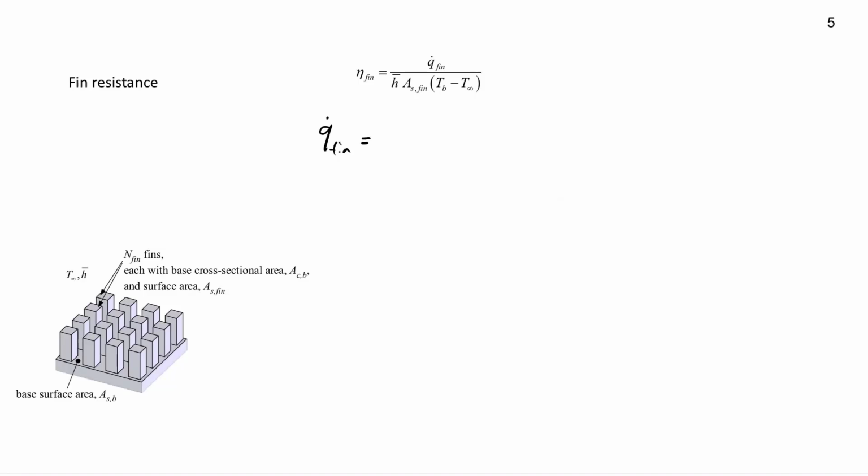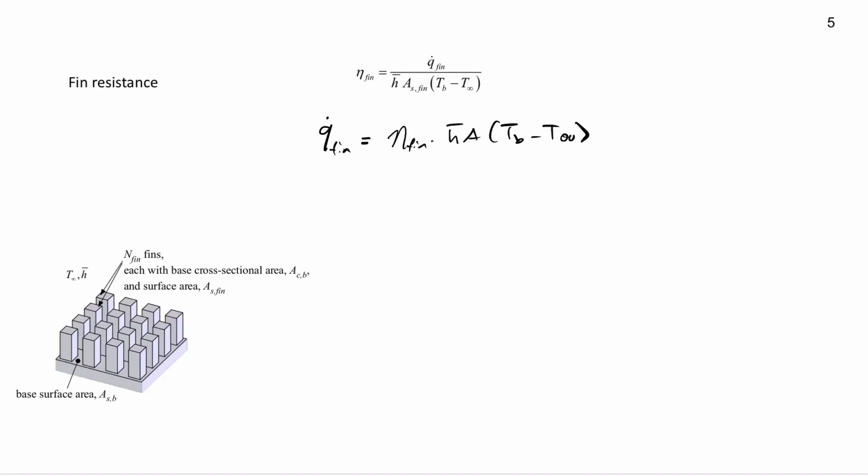How can I write the rate of heat transfer? We just write it as Q dot fin equals eta fin times h bar A (T_b minus T infinity). This is just rearranging the equation above it. Once you go to the trouble of computing the fin efficiency, you can solve for the heat transfer this way.